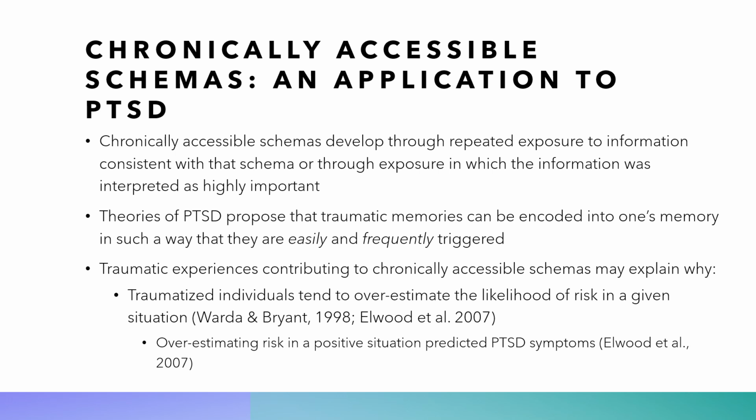And just imagine, right, the implications that could have for someone's life. And one interesting thing they found is that overestimating risk in a positive situation actually predicted PTSD symptoms. So you can see here how these social cognitive concepts we're talking about are also very relevant to people who are dealing with psychiatric disorders.